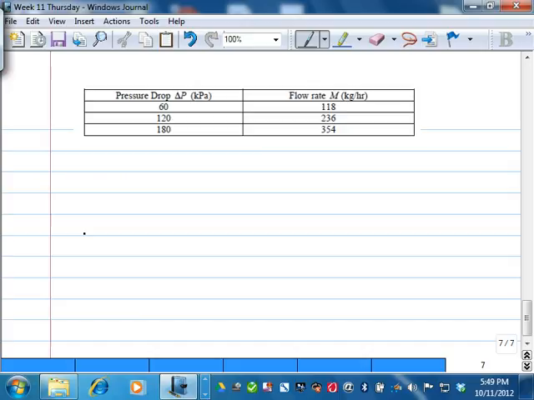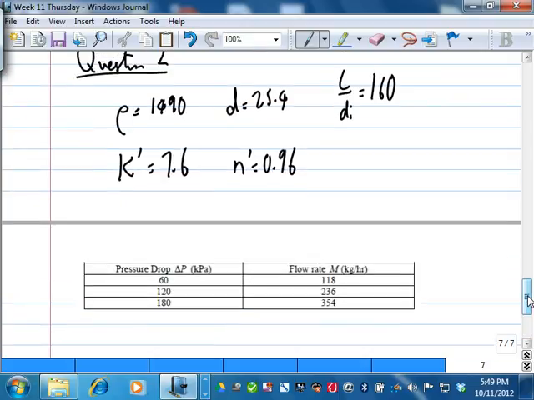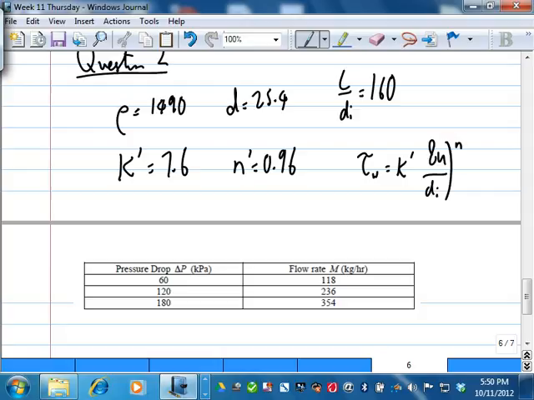What we need to do is, for each value, the shear stress on the wall is equal to K prime times 8U over Di to the n prime. So for each case, we can calculate the shear stress on the wall.